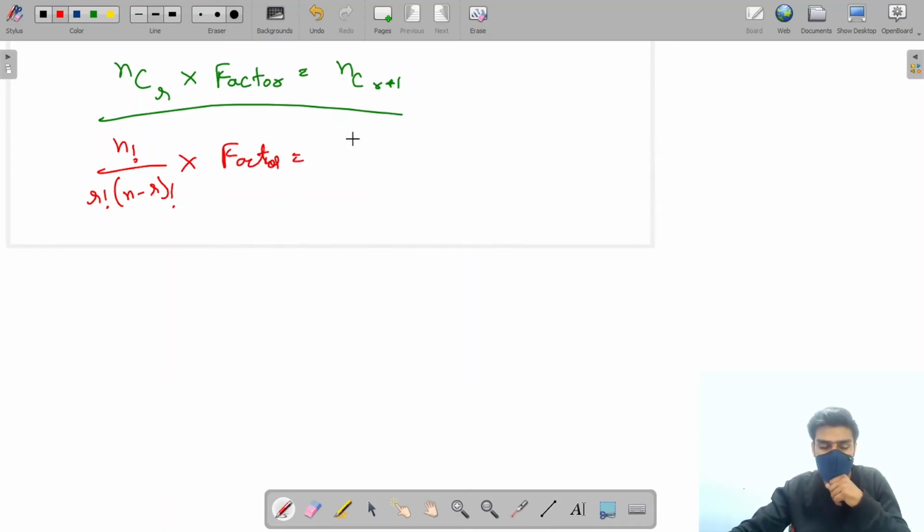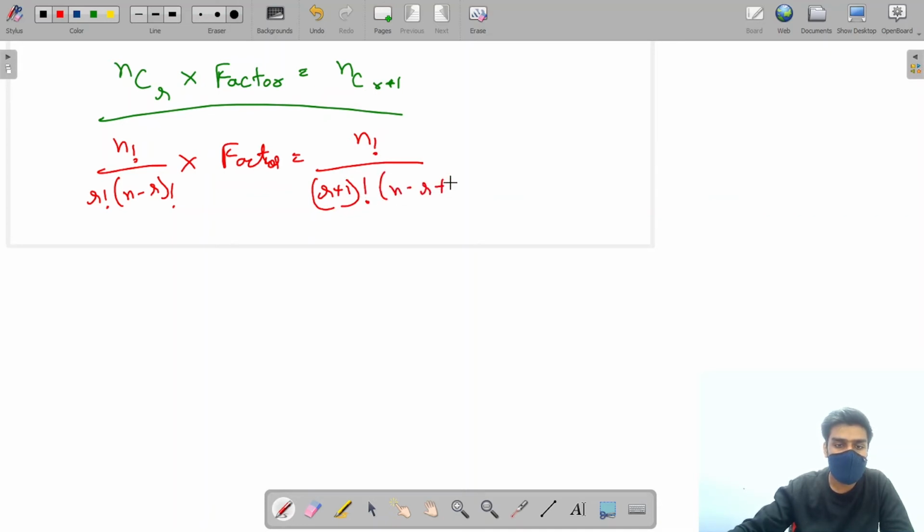And for NCR plus 1, I will write n factorial upon r plus 1 factorial and n minus r minus 1 factorial. So this is the derivation process, step 1.